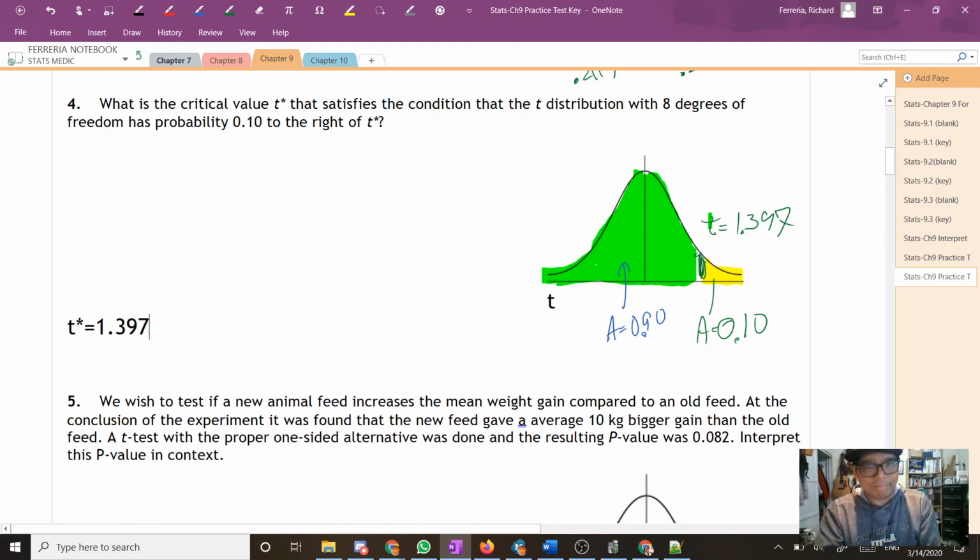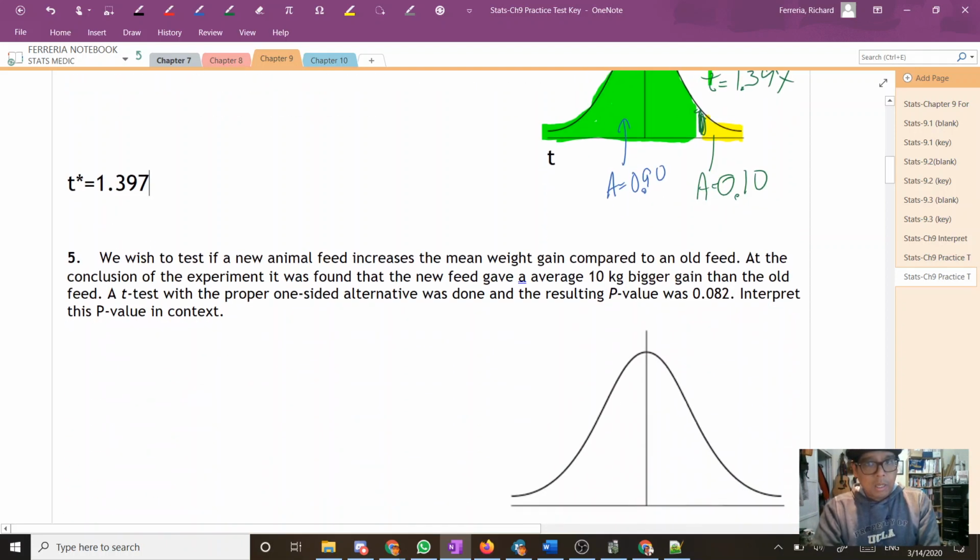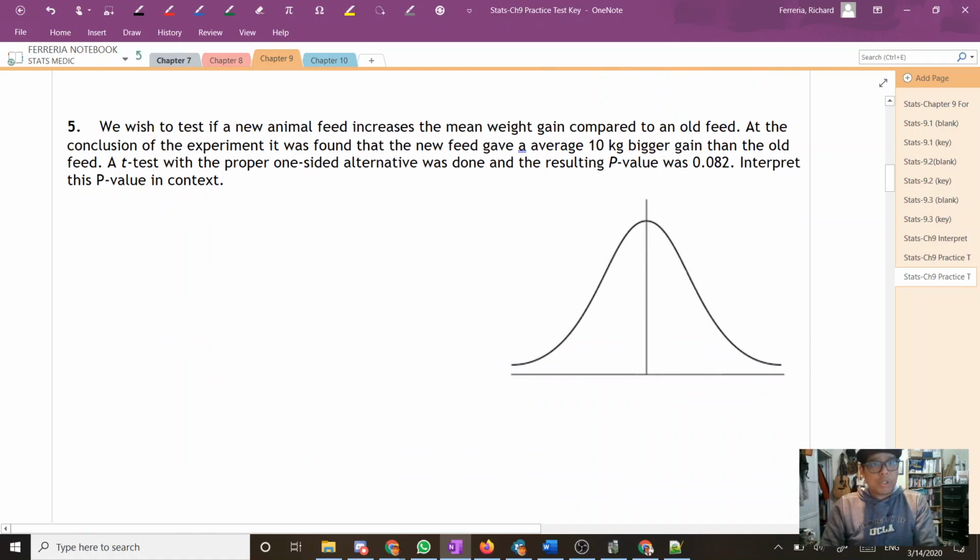Number 5. We wish to test if a new animal feed increases the mean weight gain compared to the old feed. At the conclusion of the experiment, it was found that the new feed gave an average, nice, I teach stats, 10 kilogram bigger gain than the old feed, mass gains.